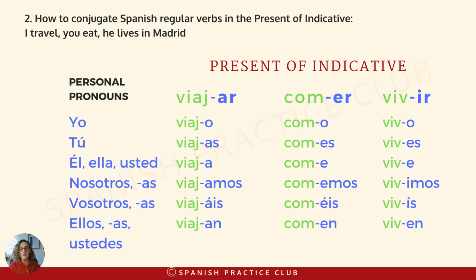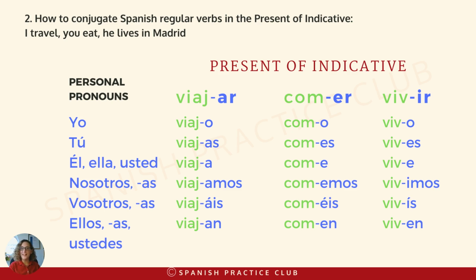So the second and the third conjugation are very, very similar, but notice that the first person of the plural, nosotros, nosotras, the ending for ER is emos, and the ending for IR is imos. And then the second person of the plural, vosotros, vosotras, the ending for ER is éis, and the ending for IR is ís. So they are very, very similar.